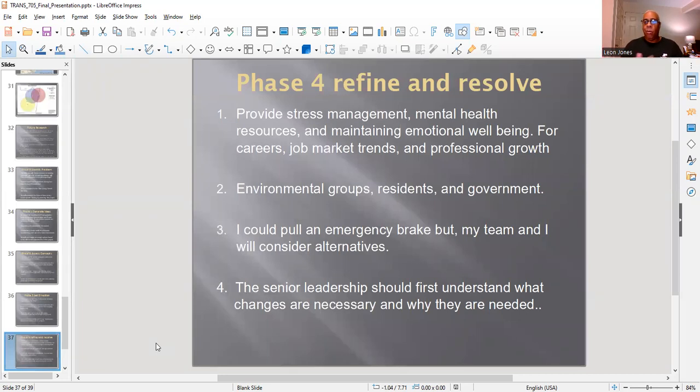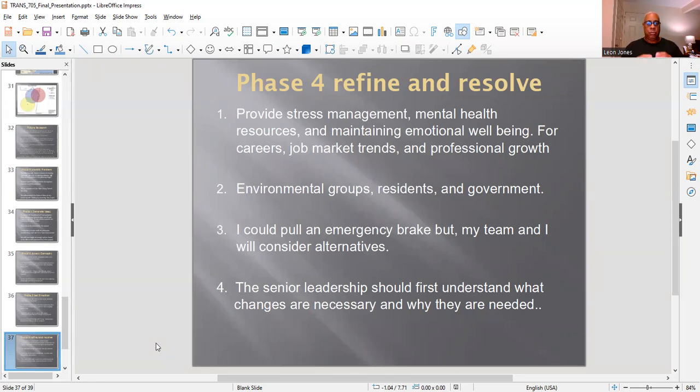Now, again, who are going to be the individuals that are going to have a problem with this project? Environmental groups, residents, businesses, and maybe the government.